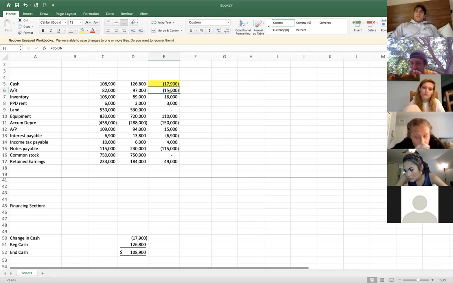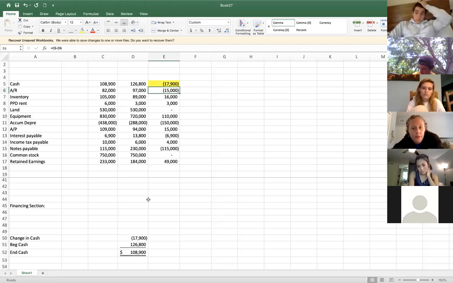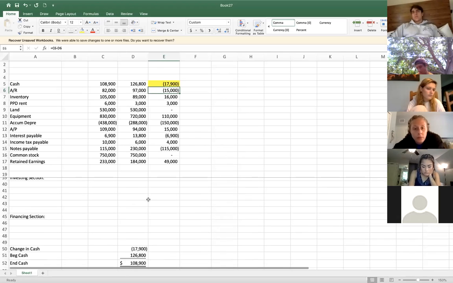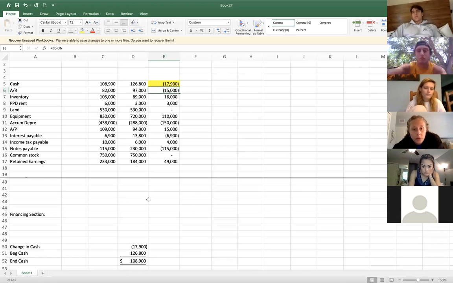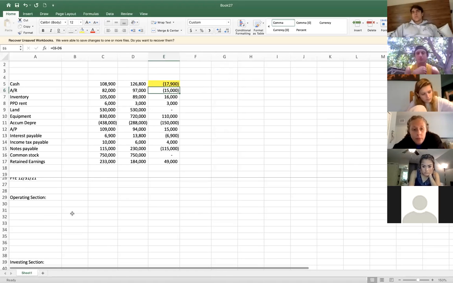Decrease. Decreased, right? It's got a negative around it because it decreased. All right, so accounts receivable decreased by 15,000. Which section is it going into? Is it operating, financing, or investing? It's going in operating. Good, it's going to operating.